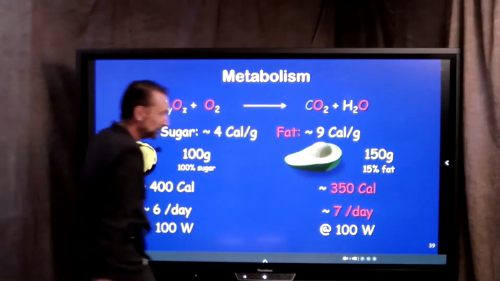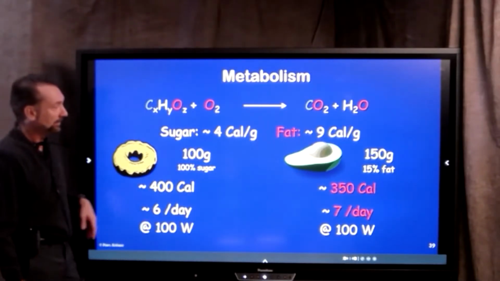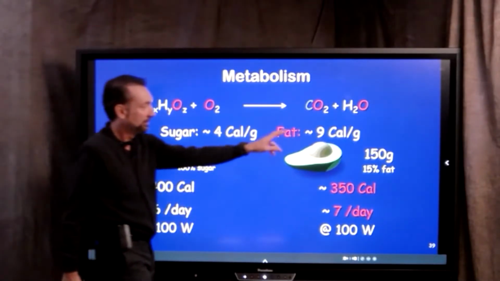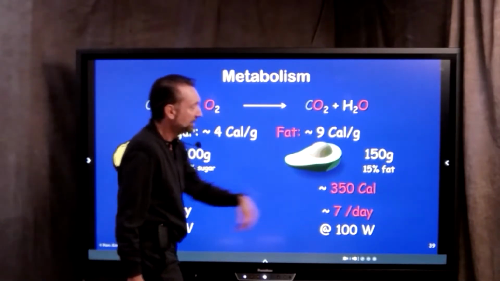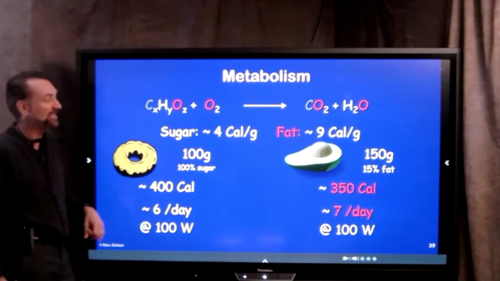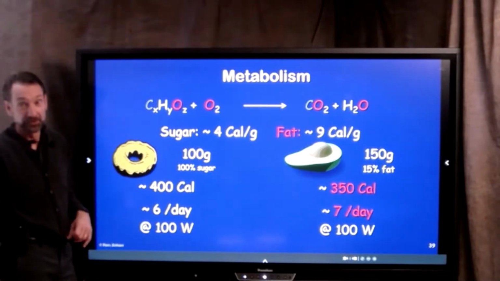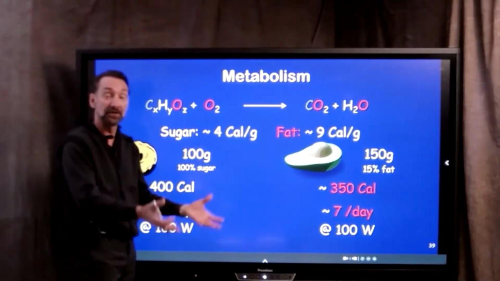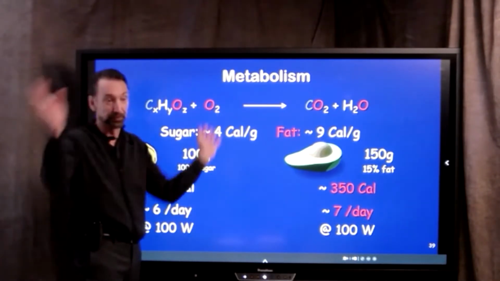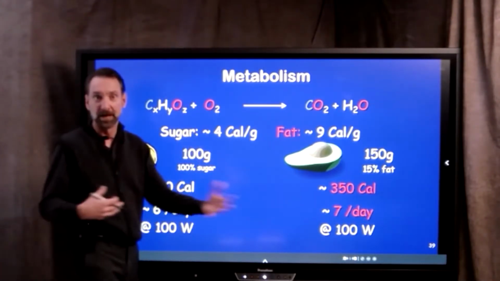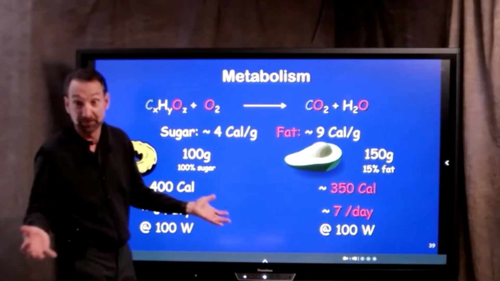So that's about 350 calories then, because it's 15% fat. You'd have to eat 7 of them a day to maintain a 2,000-ish calorie diet. And that 2,000 calorie diet is just a broad recommendation for about how many calories on average people bring in.